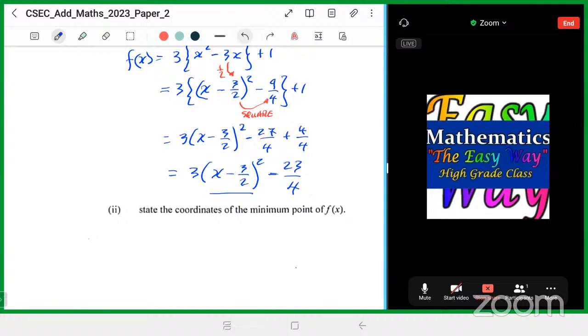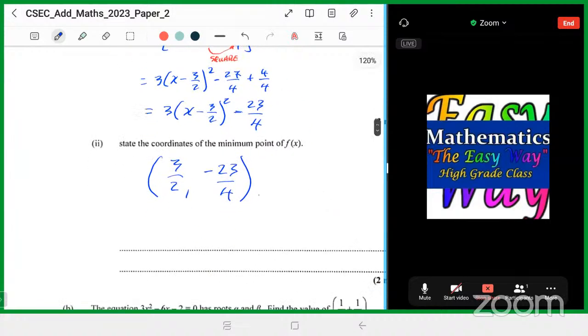So my minimum point will simply have coordinates 3 over 2 from this value, and this is going to be my y value at that minimum point, negative 23 over 4. That's my minimum point. Nice and easy.